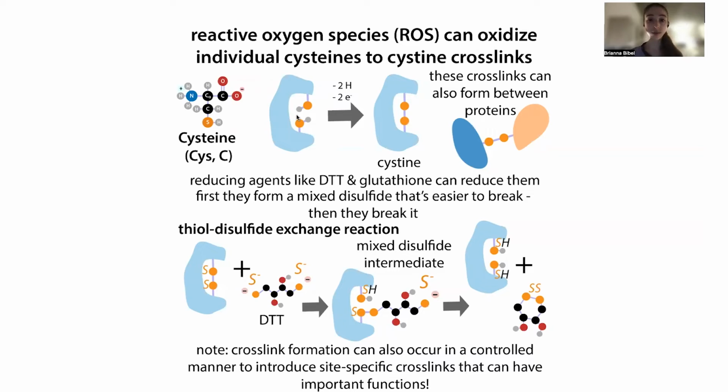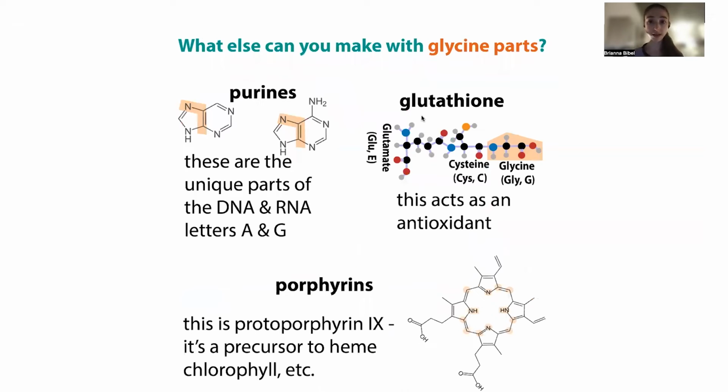And this can cause problems if this happens where you don't want it. Glutathione is able to break up those bonds and reduce the protein back to its original state. So we'll talk much more about that when we talk about cysteine, but glycine is one of the components helping make this glutathione to act as an antioxidant.